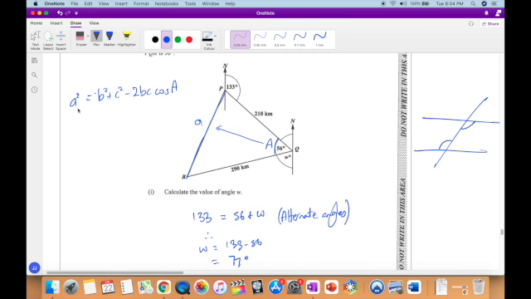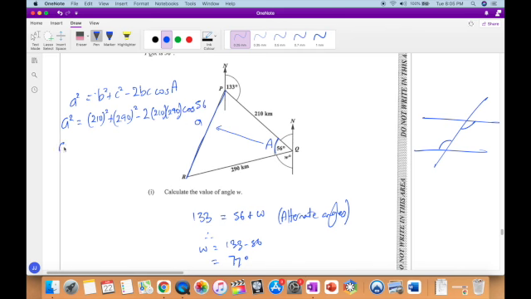That is precisely correct. So A squared now, which is RP, is going to be B squared. Well, we could call any one of these B. Let's call the 210 B plus the 290 we'll call C, minus 2 by 210 by 290 by the cos of 56.